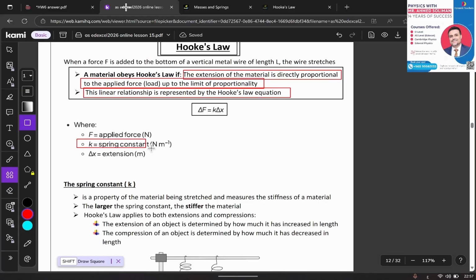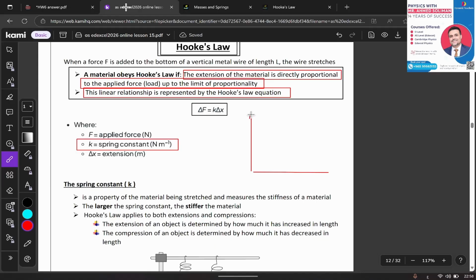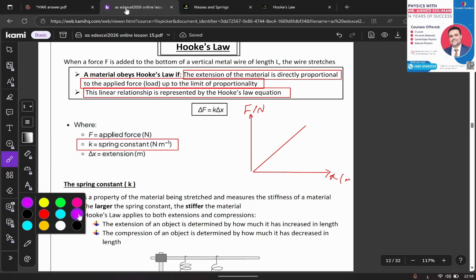Now what is K? K is a constant. If we place force in Newton and extension in meter, and we draw the relationship between force and extension, and this spring obeys Hooke's law, we can find K. What is K?